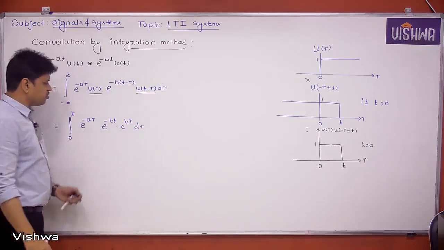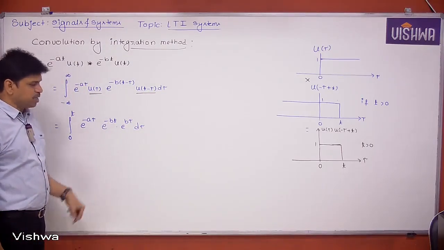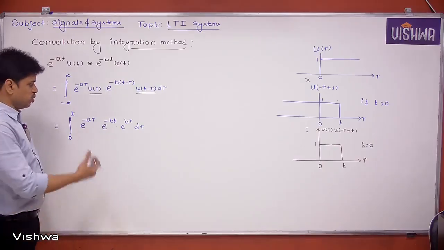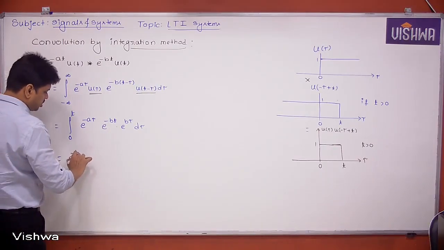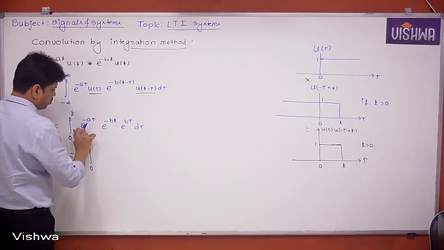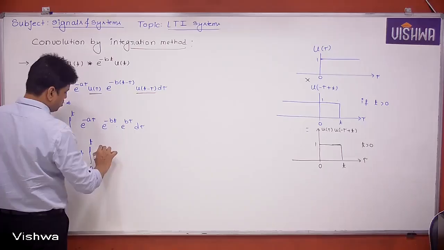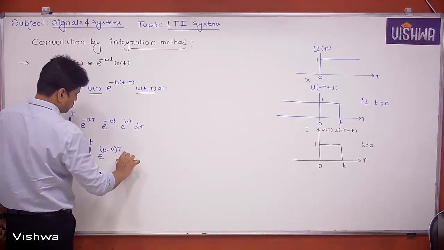So if you observe carefully, the integration is with respect to tau, then e power minus bt is a constant. We can take it out from the integration, e power minus bt, integral 0 to t. We can club these two, e power (b minus a) tau d tau.